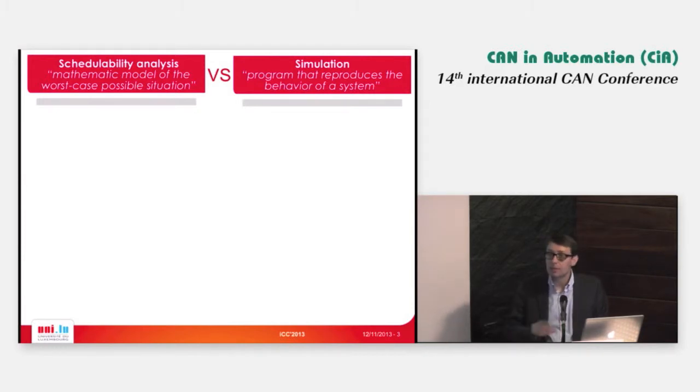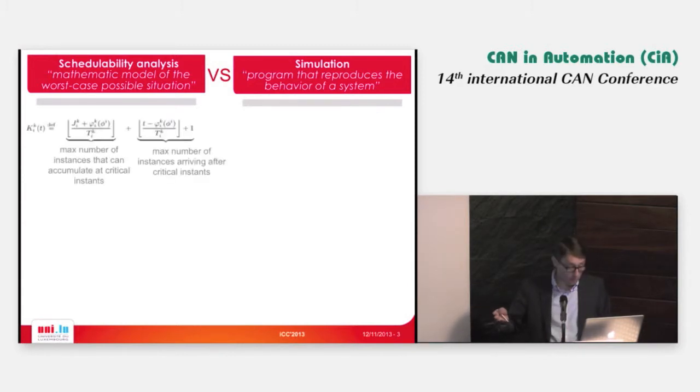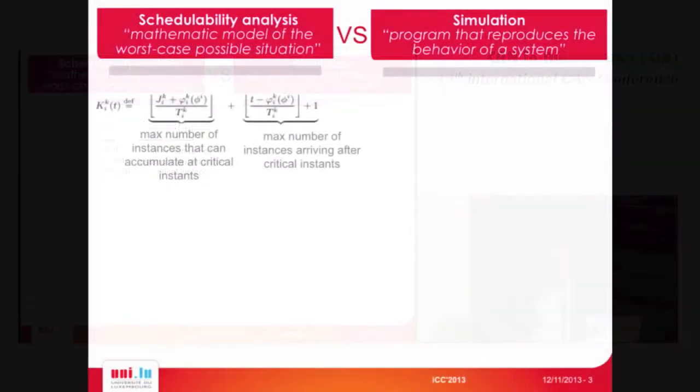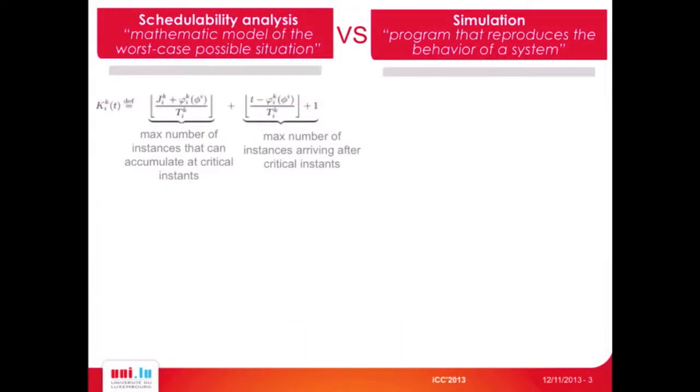For instance, in the simplest cases, it comes to the so-called critical instant where all frames are released simultaneously and then are released with the highest possible rate. Once the worst case possible situation is identified, it's translated into some equations, and then it's solved whatever the technique.